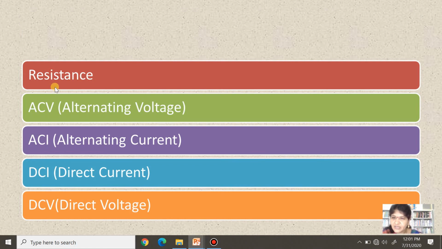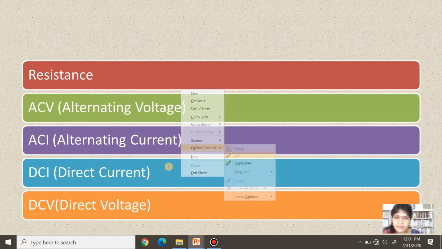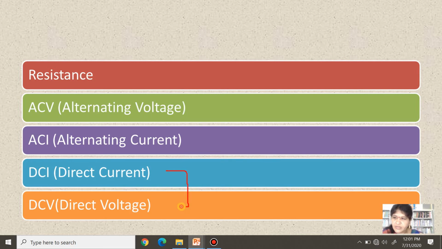So first one is resistance, second one is alternating voltage, third one is alternating current, fourth one is direct current, fifth one is direct voltage. 4 and 5 are for direct current measurements. 2 and 3 are for AC measurements. So the rotary switch or selection knob has a different position for each measurement.